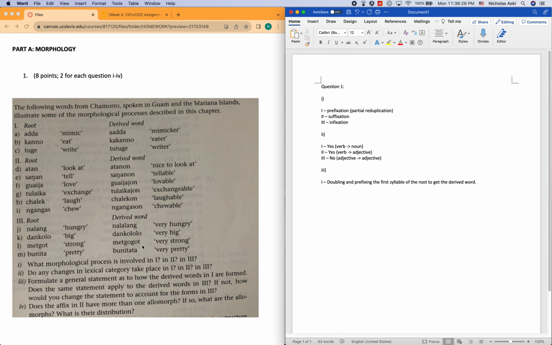So the answer for the second part of question 3: for part 3, no, the statement in 1 does not apply here. To get the derived word, we double and infix the first consonant and vowel of the final syllable.